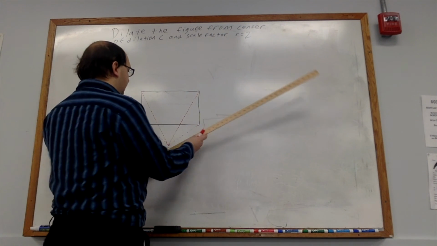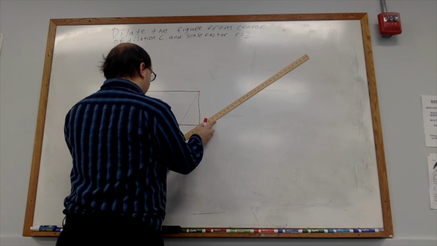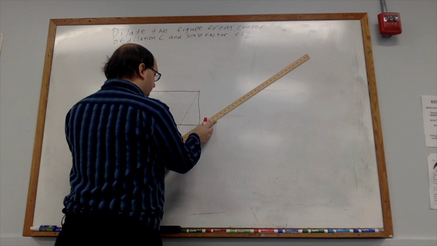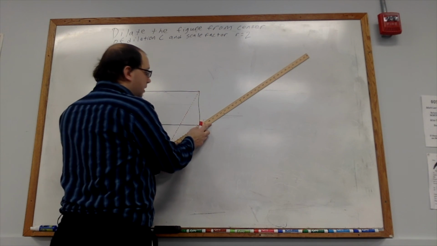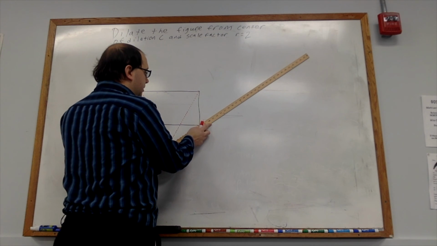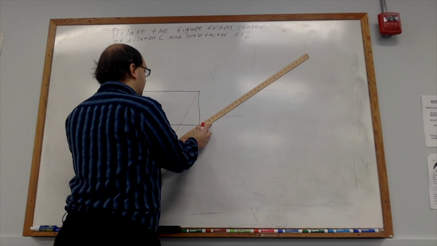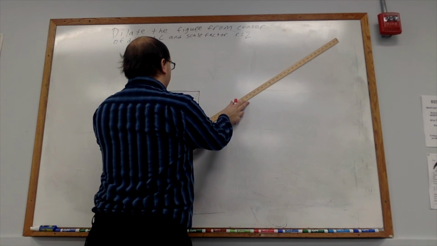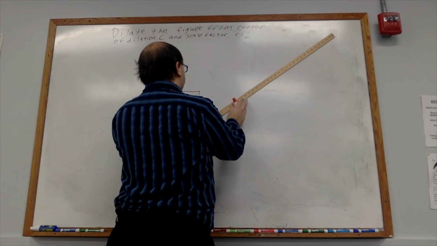So, measure each vertex. This one's about 7 3/4. So from here, we go another 7 3/4.